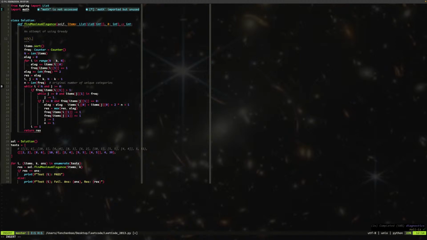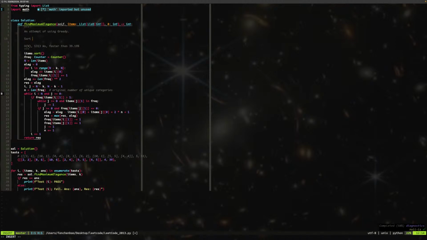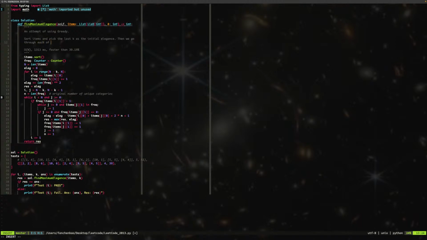It's greedy. Right, so we say sort items and pick the last k as the initial elegance, right? Then we go through each of the last k from the smallest profit to the largest, right?